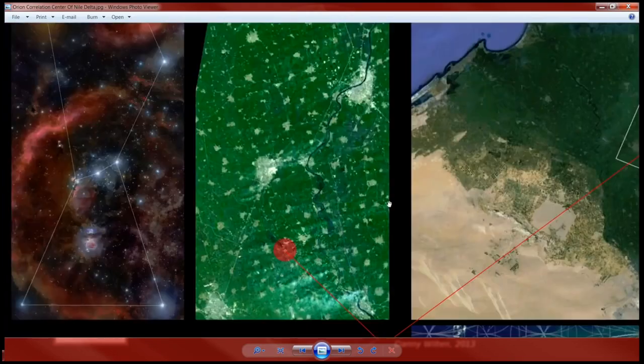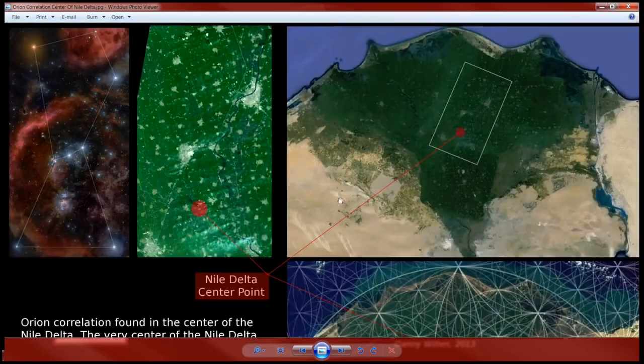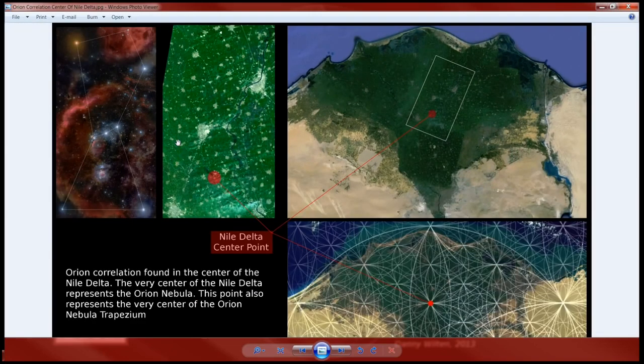But the really interesting thing about it is we have this Orion correlation, and I don't know what kind of synchronicity this is, but these lines that are right here, if you zoom in on Google Earth, we're going to do that in just a second, are relatively almost the same as the lines that connect to Orion. And you can actually overlay these stars on top of this, and it's almost identical. The only one that seems to be a little bit off is Betelgeuse right here.